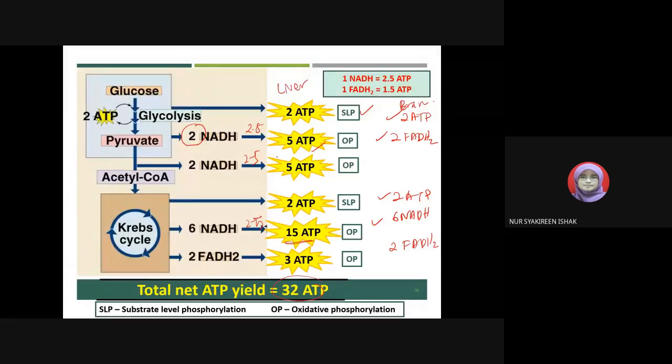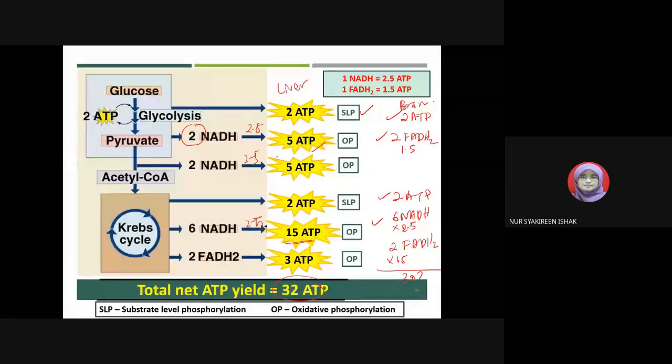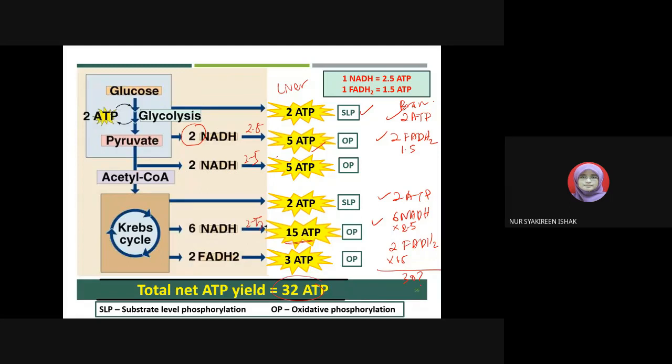Dekat awak punya kertas, awak kira kan untuk brain dapat tak 30? Cuba kira 30 ATP. Ini awak kalikan dengan 1.5, awak kalikan dengan 2.5, awak kalikan dengan 1.5. Dapat tak kat sini 30? Dah kira dapat tak?